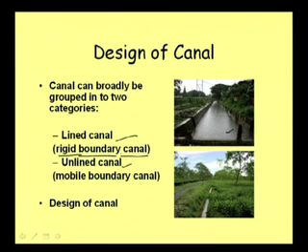Now, by the term lined canal, what we mean is that when we are constructing this canal, we are providing some lining to the boundary of the canal, to the sides. Say if the canal is there, to the side we are providing some wall, and to the bottom also we are providing some wall.